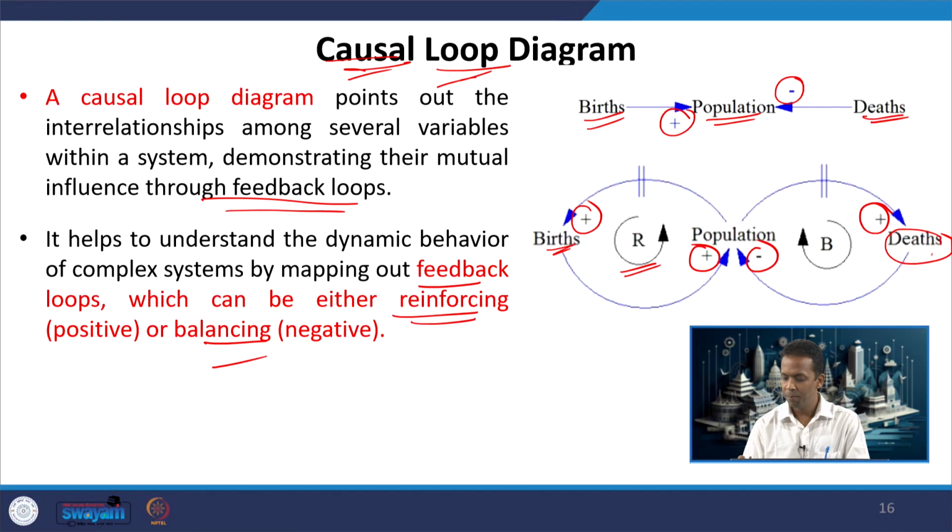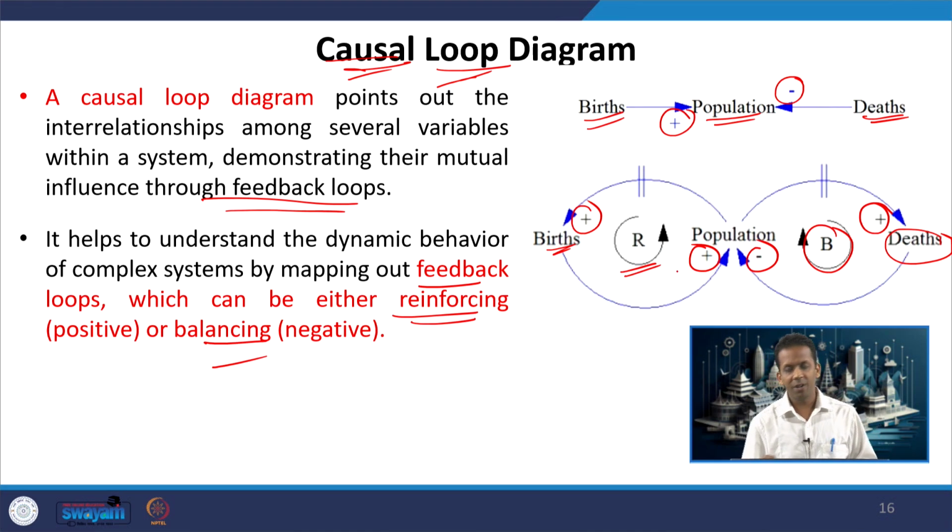More population, more death, that is fine, but more death will not be more population, it will reduce the population, and that is called a balancing loop. So, hope you understood the difference between the two types of loops. One is reinforcing, positive, positive, and balancing, where one is positive and one is negative.